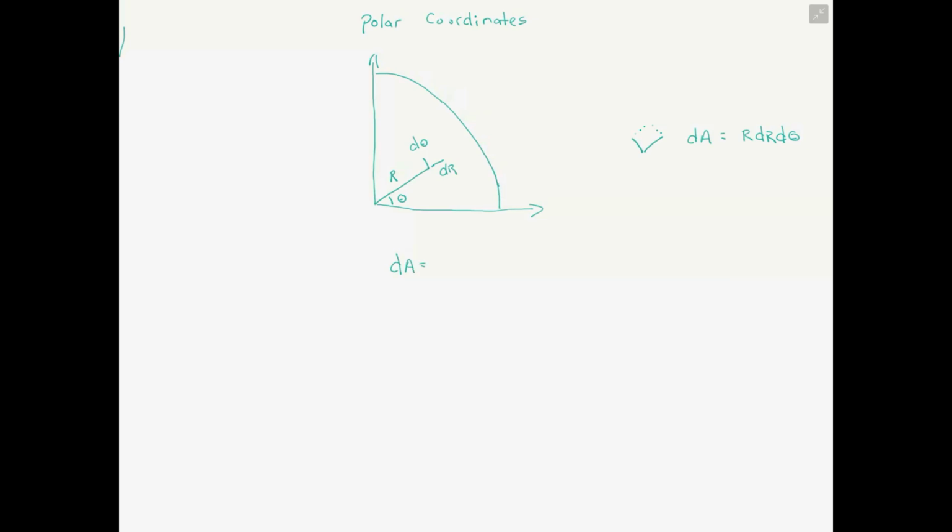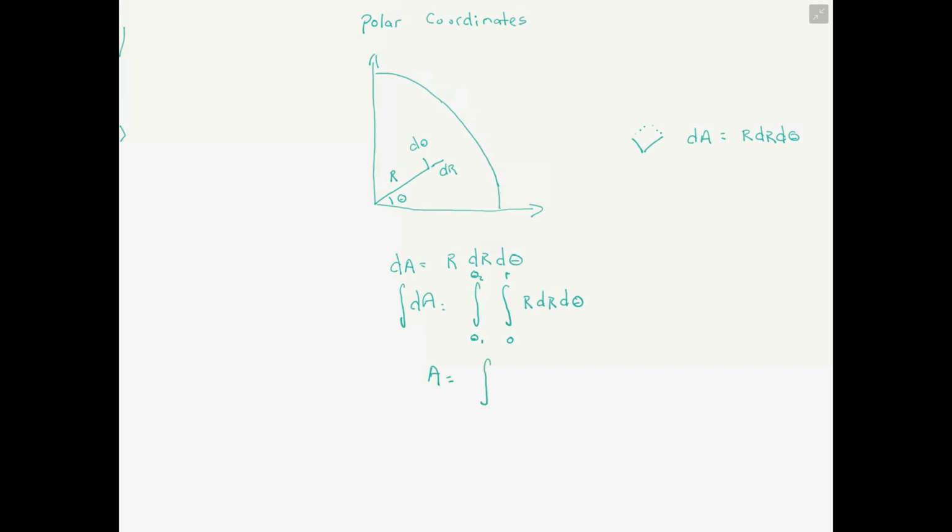Now, we say that dA equals r dr d theta, and our radial limit is r, the actual radius of the circle, and we're going to integrate the entire circle, so we're going to go between two angles, theta 1 and theta 2, and between the radius 0 to the radius r of the circle.